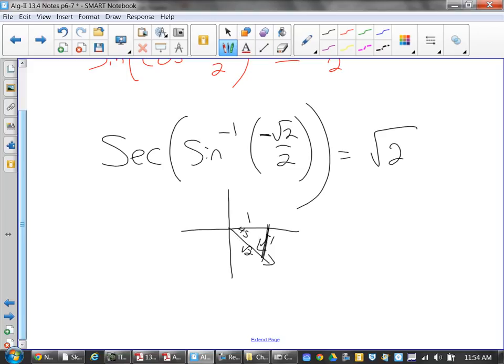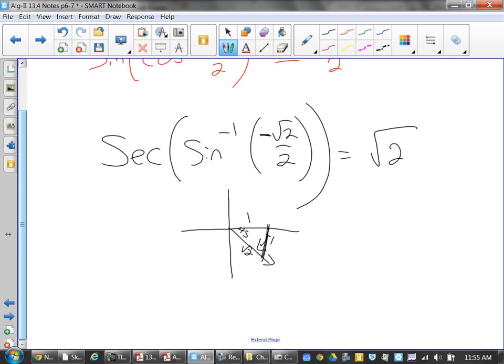It's just root 2. So all the negative tells us, when it's negative root 2 over 2, is that it's in the fourth quadrant because it's down like that.